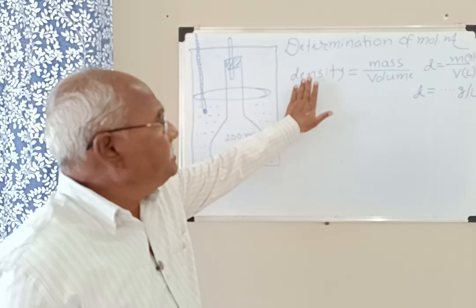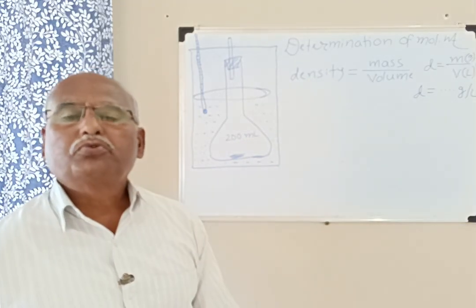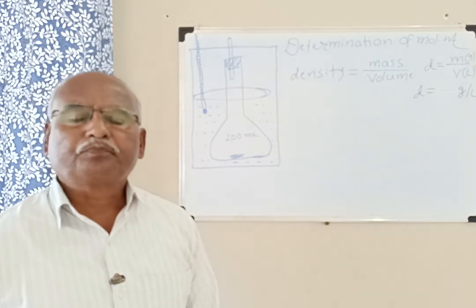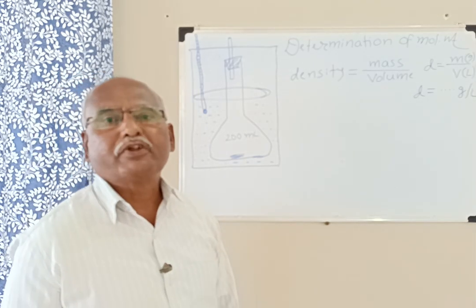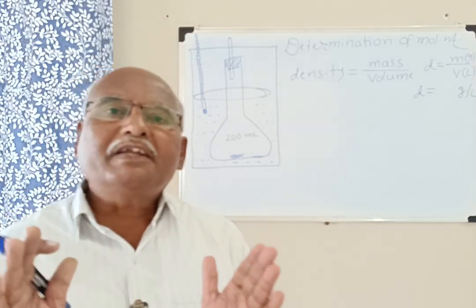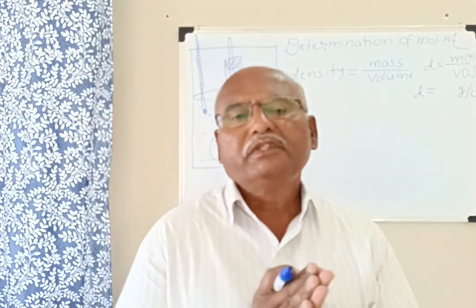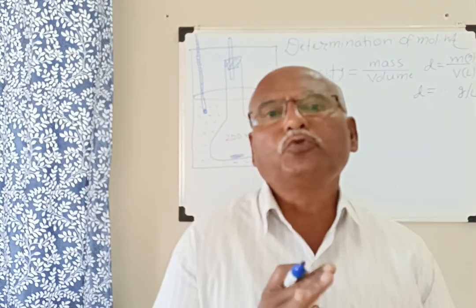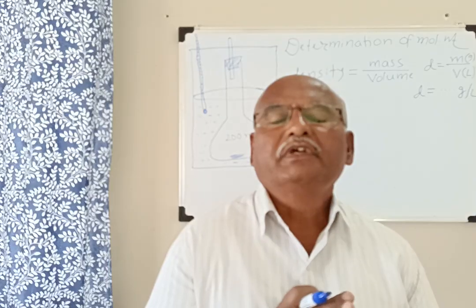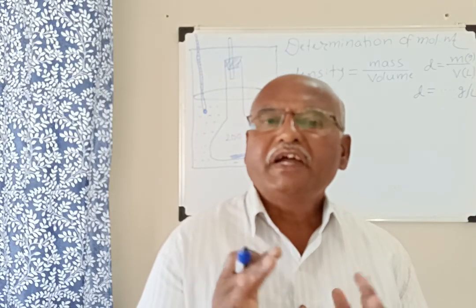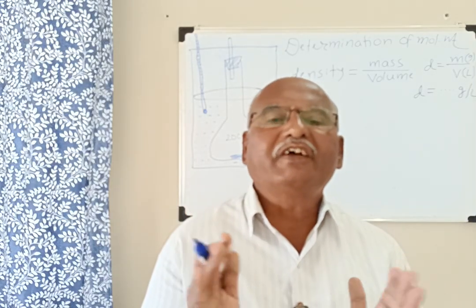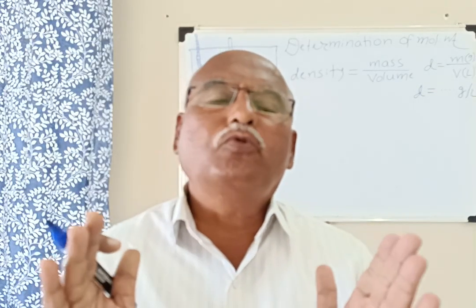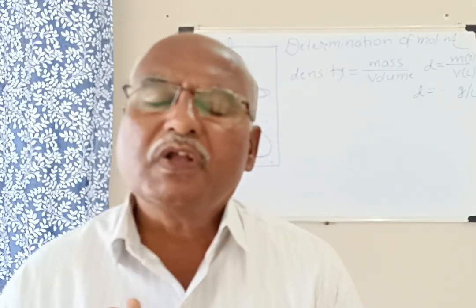So this density is used to determine molecular weight. Volatile liquid means the liquids which get converted into vapor state easily. That means the liquids having lower boiling points are volatile liquids.